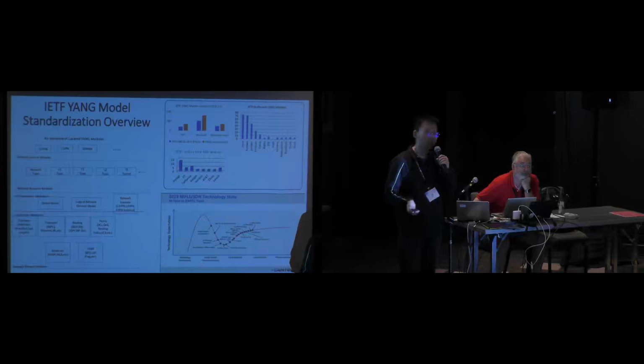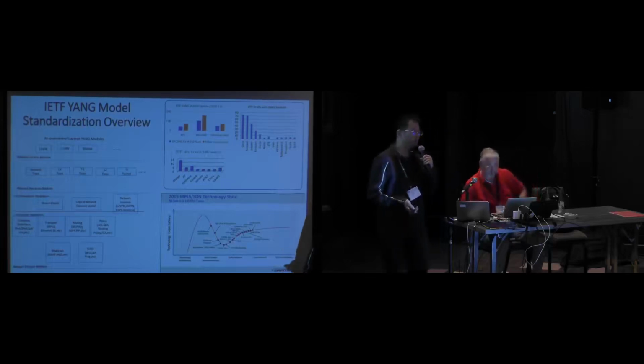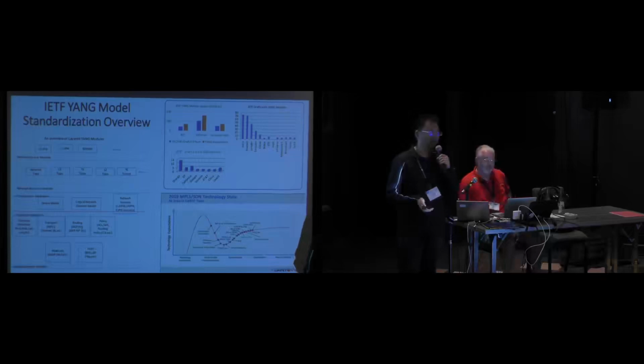So we have so many YANG data models, but the problem is, if we reference the interop multi-vendor interoperability test report, we can see NETCONF has been widely adopted, but YANG data models are still at the early adoption stage. So what's the reason behind this?